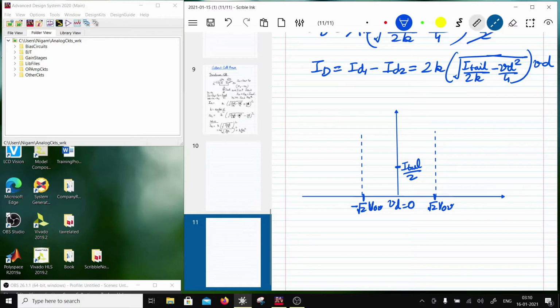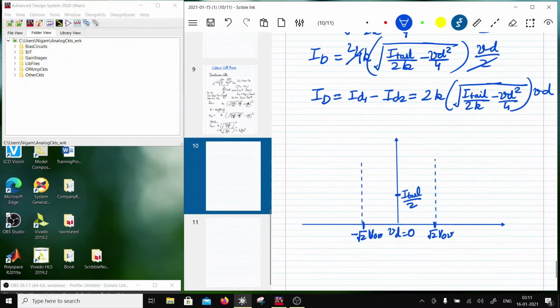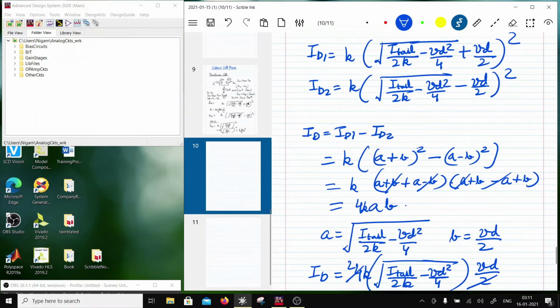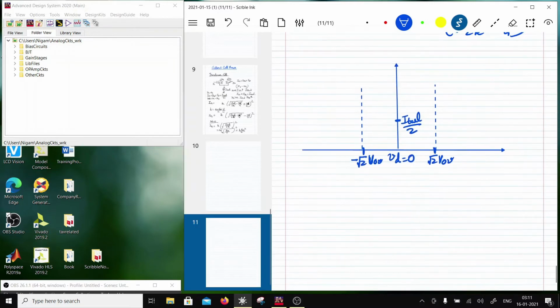So if I substitute minus root 2 times of V overdrive in Id1, let's take the Id1 here, Id1 at minus root 2 times of V overdrive.